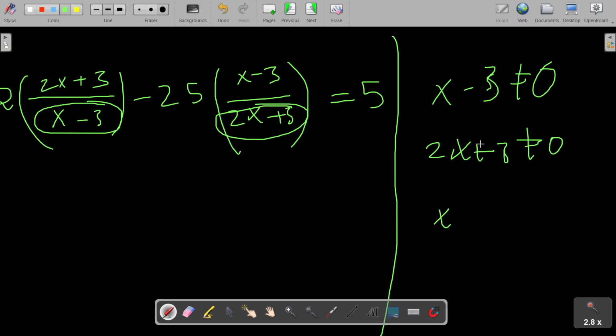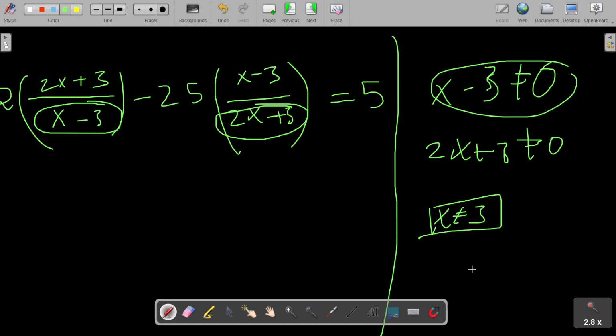So if I solve for this, I get x is not equal to 3, and if I solve for this, 2x is not equal to negative 3, and x is not equal to negative 3 over 2.